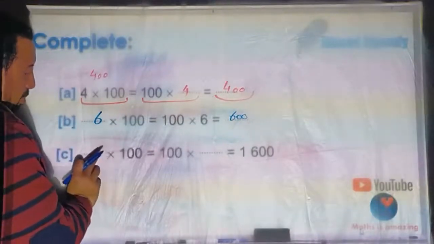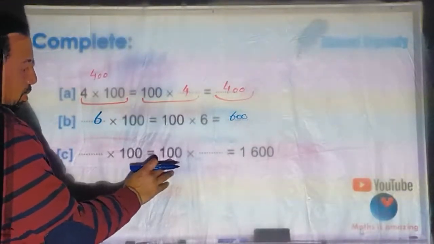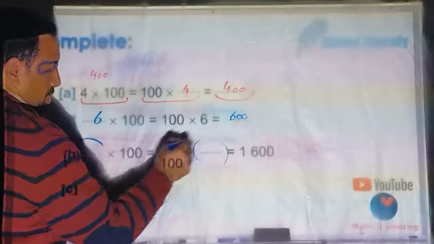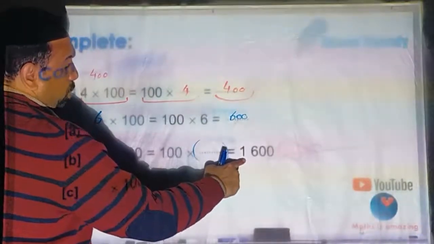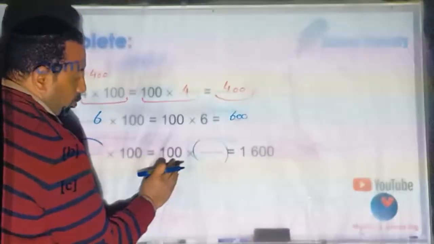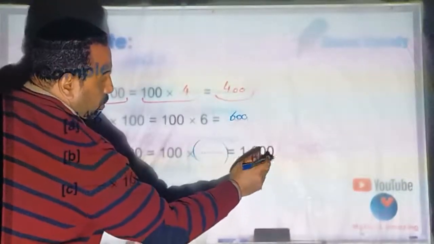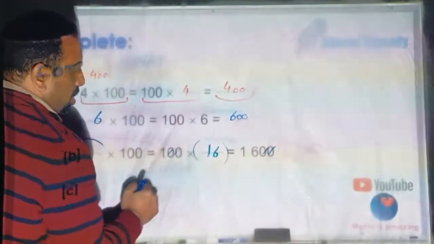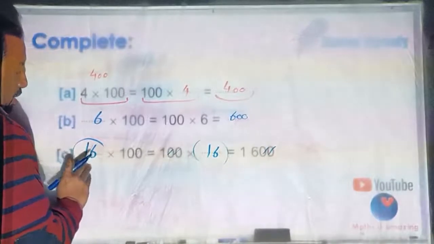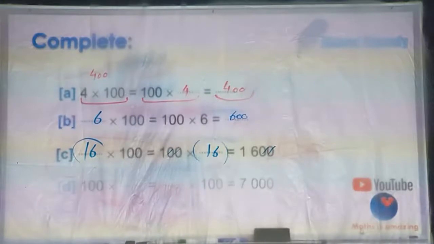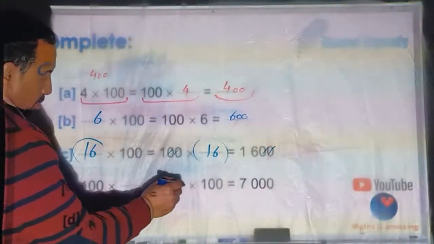The result: number times 100 equals 100 times the same number. This number must be the same here. Then the result is 1600. If we compare, here we have 2 zeros and here we have 2 zeros. Cancel 2 zeros with 2 zeros, the remainder will be 16. Here 16 and the same 16 here. 16 times 100 equals 100 times 16. 100 times what equals the same?